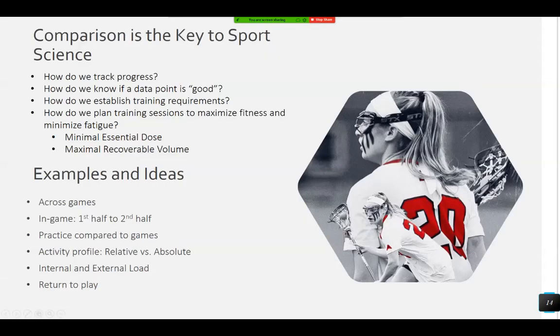As we look at some of the specific applications we've been talking about, in my opinion, comparison is the key to sports science. We have to look at what the athlete is doing, but how do you determine what is a good measurement and what's not? It's individualized.